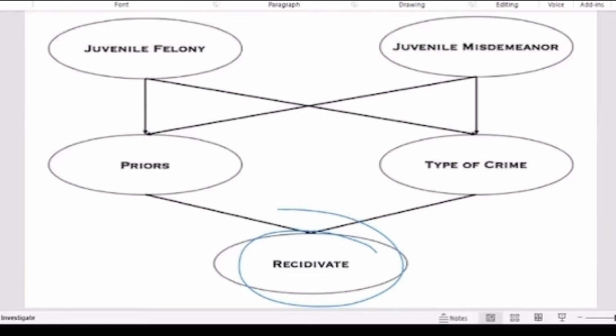And prior conviction depends on whether it is a juvenile felony or a juvenile misdemeanor. Take a look at that. Expert knowledge in the judicial system helps us with this relationship, and we believe these are random variables and a probabilistic relationship exists among them.